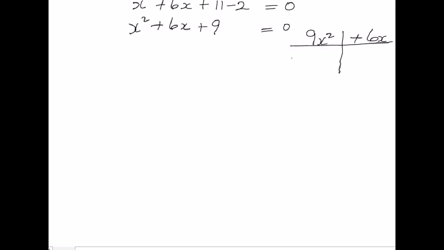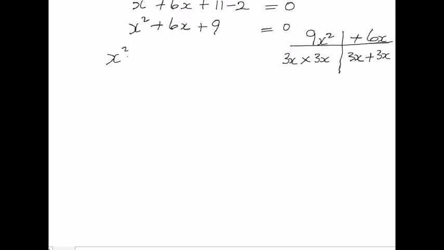Now let's think of numbers that when we multiply them together will give us 9x squared, then when we add them will give us plus 6x, and that is 3x times 3x. 3x times 3x will give us 9x raised to power 2. Then when we say 3x plus 3x, we are going to have 6x.